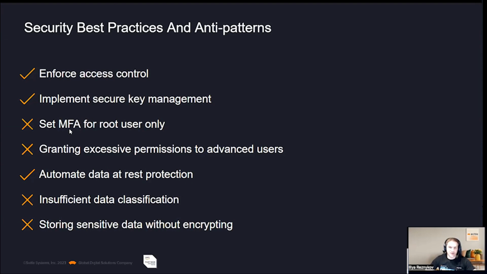I'm happy that there were just several answers about granting excessive permissions to advanced users. It's the same, because we need to use the least privilege approach for any users.